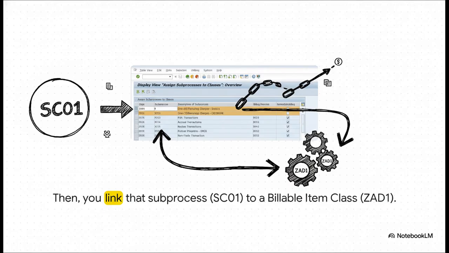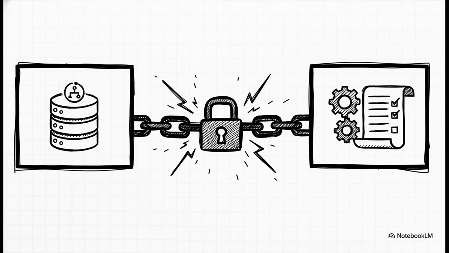The system itself forces you to follow this exact sequence. So, what's the big takeaway from looking at the configuration? It proves that the billable item class, your data, and the subprocess, your rule, are fundamentally tied together. This connection isn't a suggestion, it's not a best practice, it's hardwired directly into the system's logic.